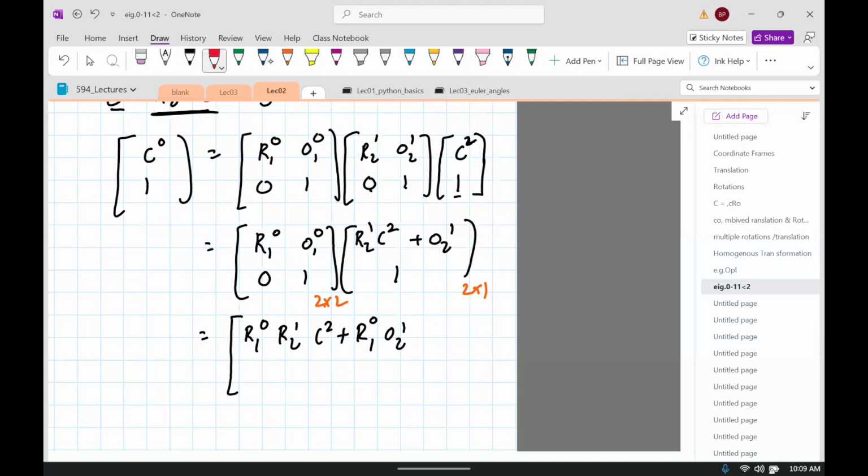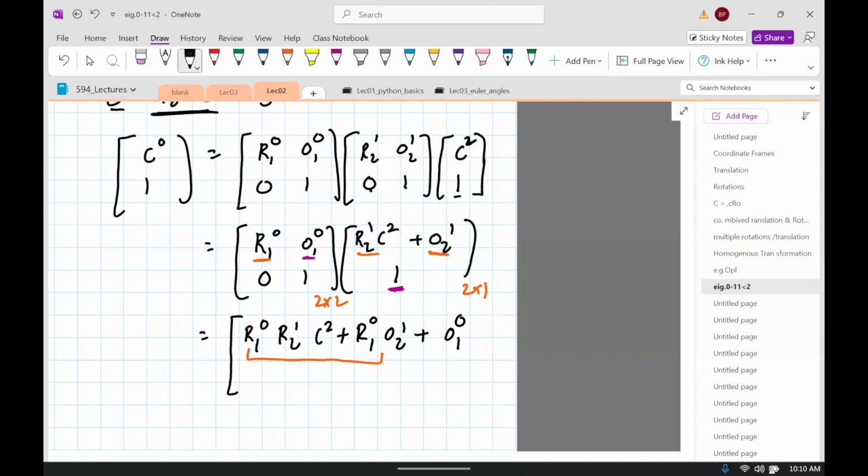Okay, so what I did here was the first time I took this and I multiplied it with both, and so I got that. Next, I take this and I multiply with O1. So that would be the additional term, O10.